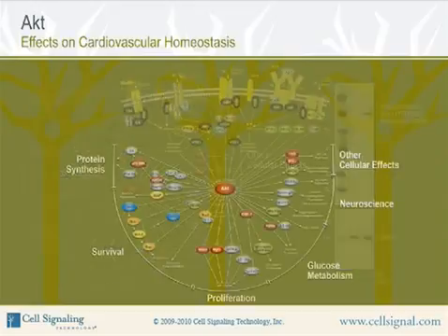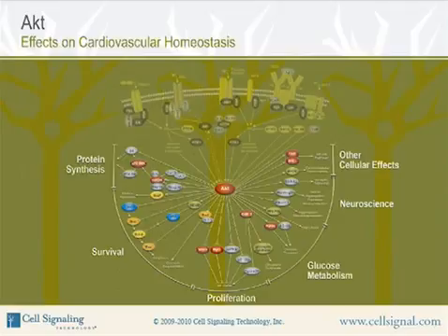In summary, active AKT phosphorylates a large number of downstream targets that can be grouped based on their effects in the cell, including protein synthesis, survival, proliferation, glucose metabolism, neuroscience, and other cellular effects.